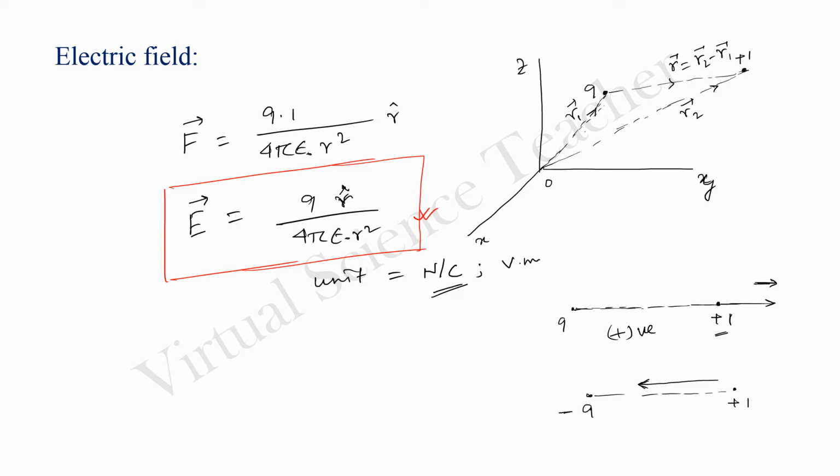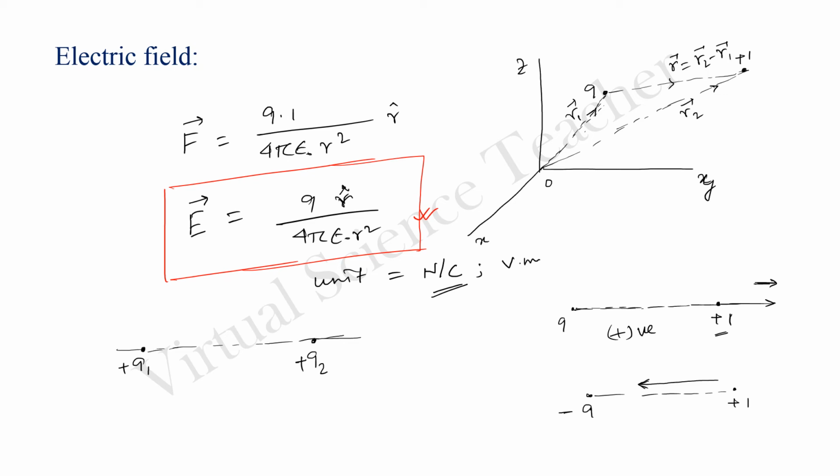As a simple case, I can consider for example that there is a charge plus Q1, and there is another charge plus Q2.